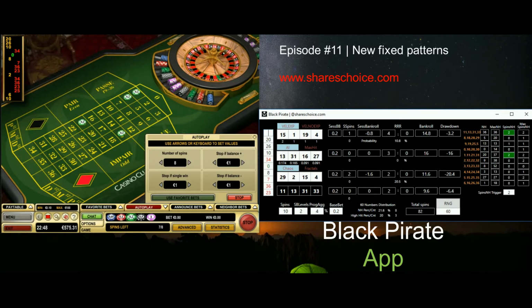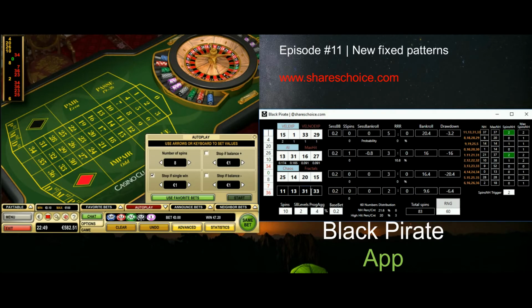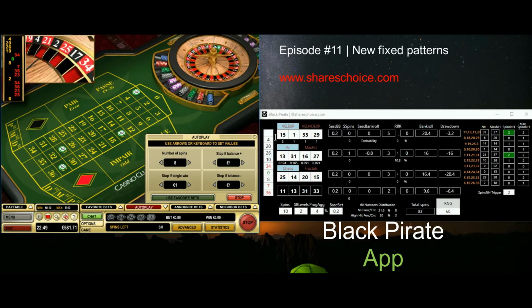Then why not use this idea and bet on one of these 10 patterns as well, because the app calculates everything automatically, so you don't have to make any notes, just enter the numbers and see the evaluation. You can also decide, so it's not really necessary to always pick the same 4 numbers from these fixed patterns as Black Pirate is showing you.